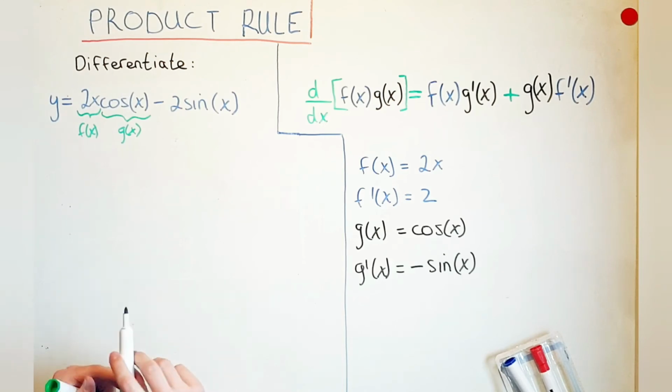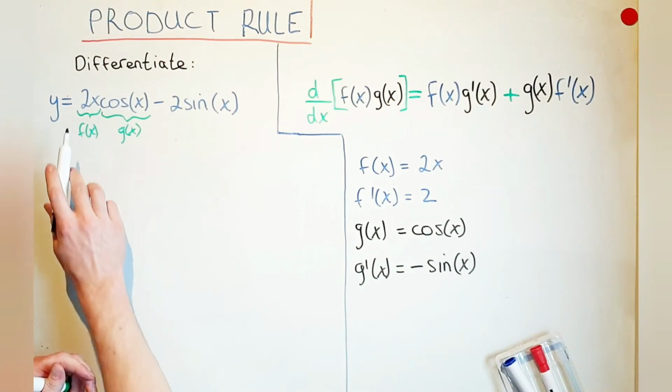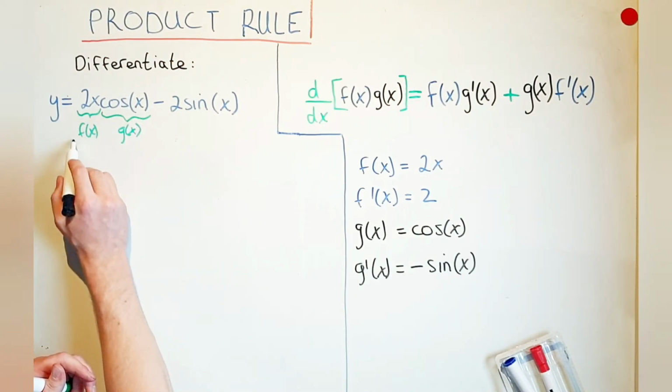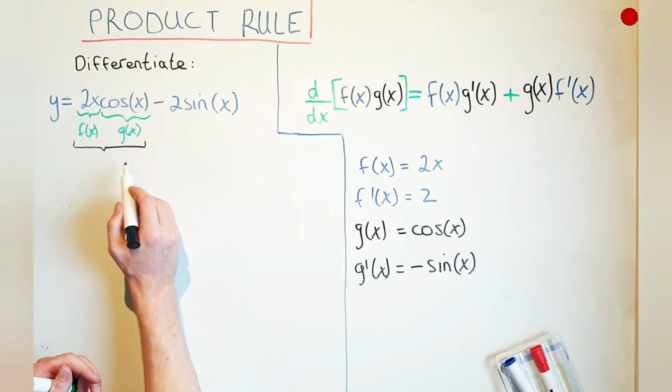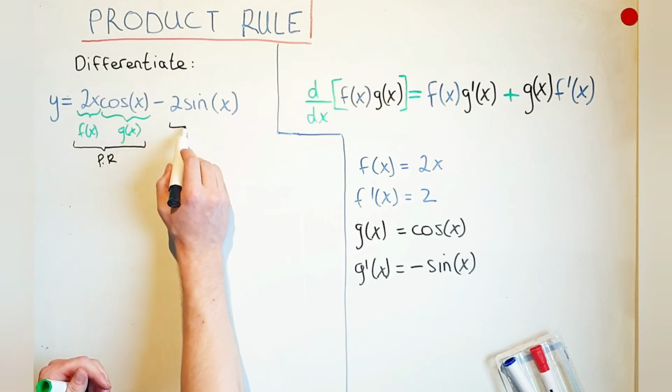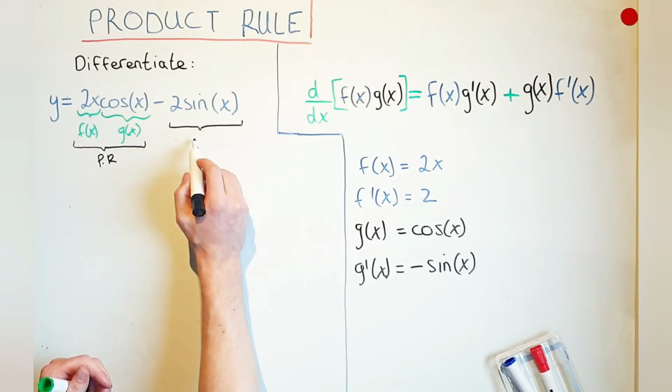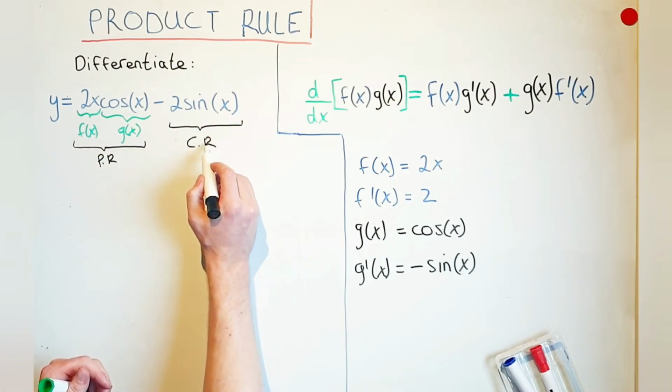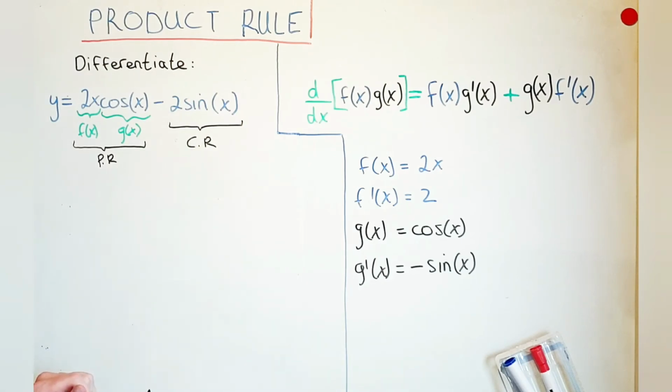So we need to notice that we're going to use the product rule only on this first expression here. So it's going to be this section of y that we use the product rule, and in this second part here we're going to be using the chain rule to differentiate it.